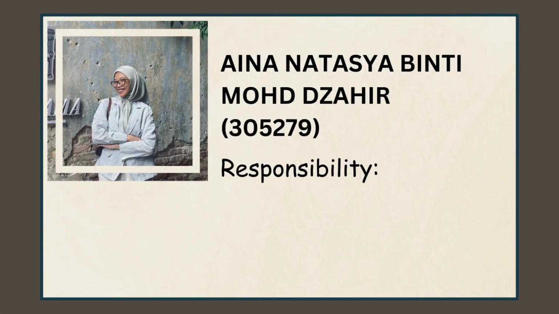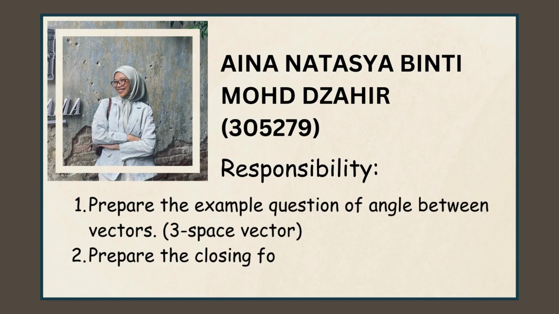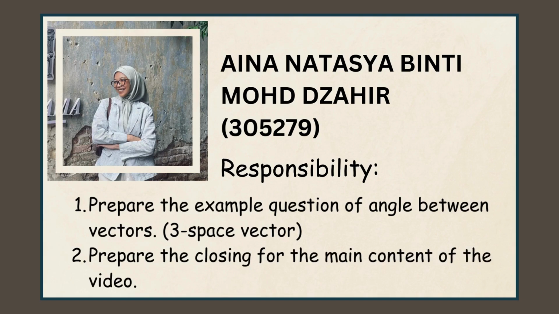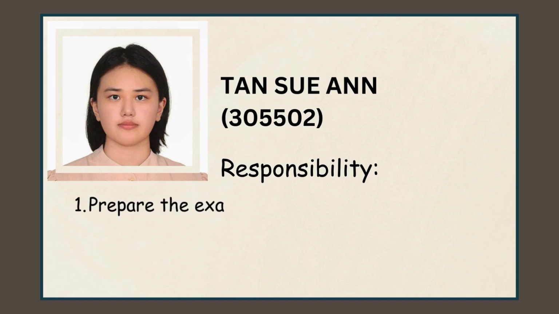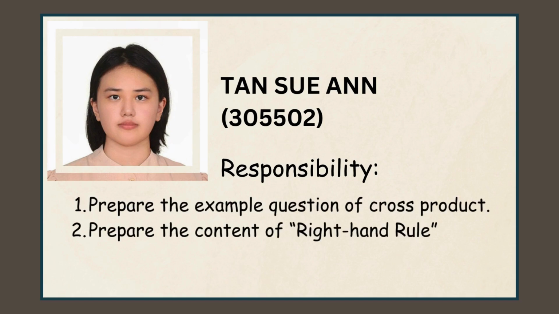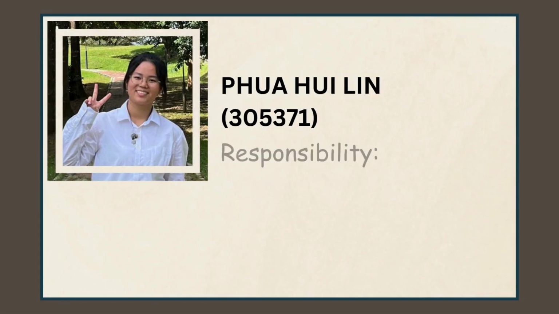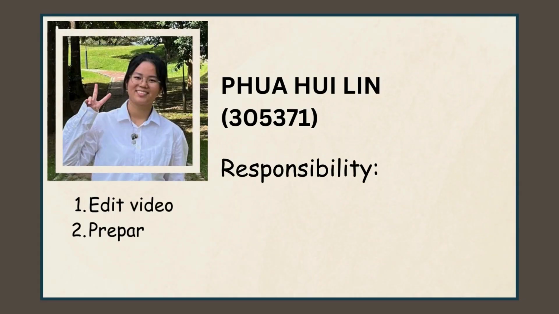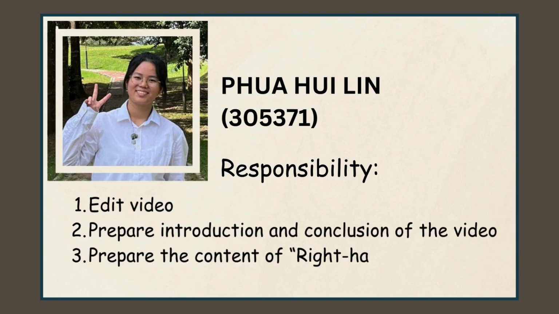Her responsibilities are to prepare the example question of angle between vectors, three space vectors, and prepare the cosine for the main content of the video. The third one is Tan Shu An. Her responsibilities are to prepare the example question of cross product and prepare the content of the right-hand rule. And the last one is me, Pao Hui Ling. My responsibilities are to edit the video, prepare the introduction and conclusion of the video, and prepare the content of the right-hand rule.